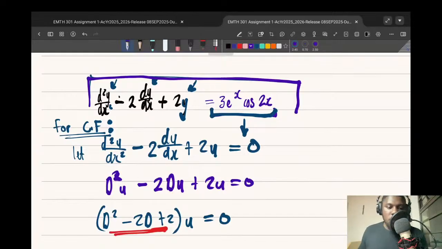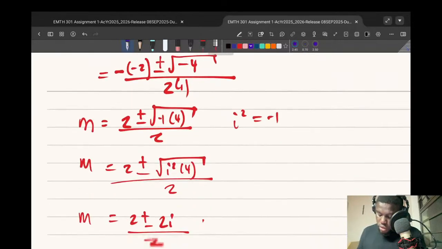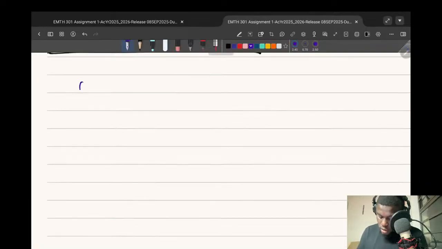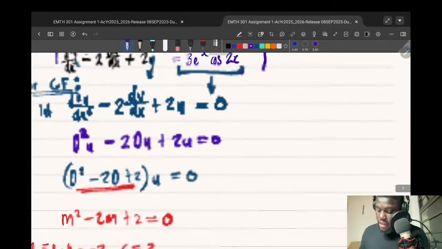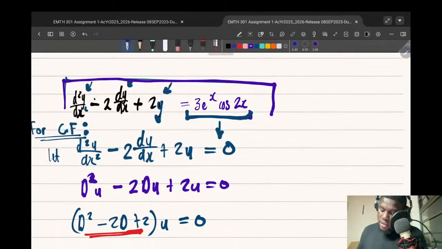d2y/dx² minus 2 dy/dx plus 2y is going to be equal to e to the x, is it sine or cos 3x or something like that, 3e to the x cos 2x.